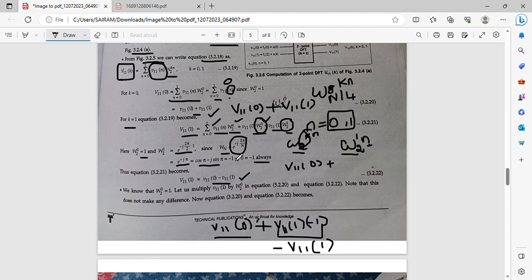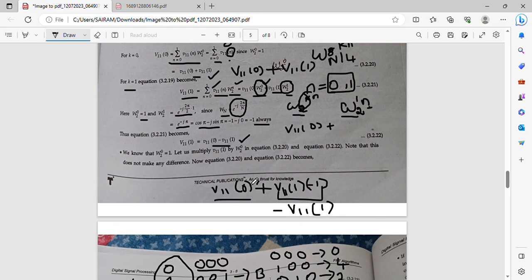Okay, so then I have to get this resultant, and I wrote it over here. So now once again we know that omega 2 to the power of 0 is equal to 1. So now let's multiply v11 of 1 by omega 2 to the power of 0 in equation 3.2.20 and equation 3.2.22.